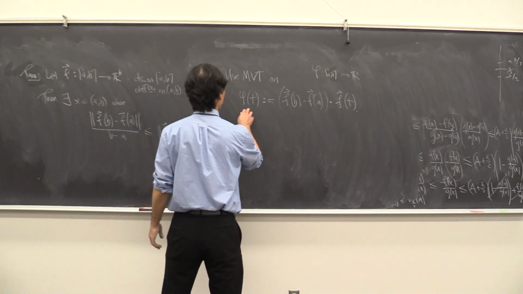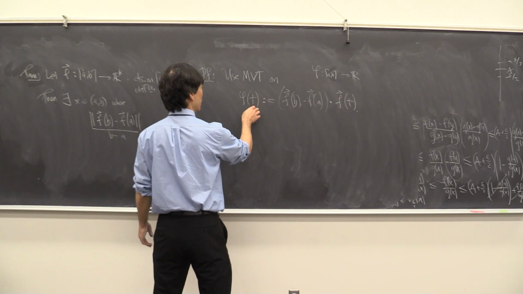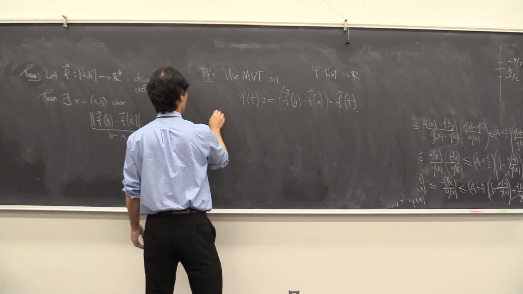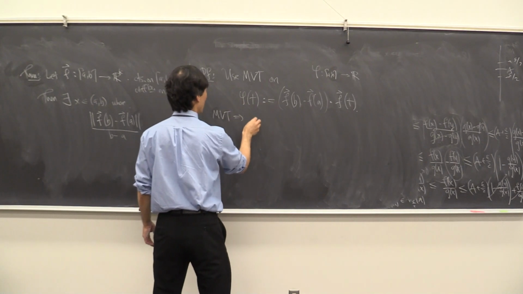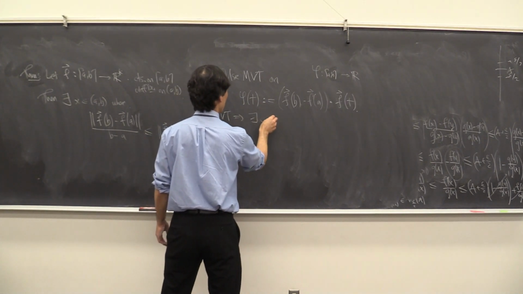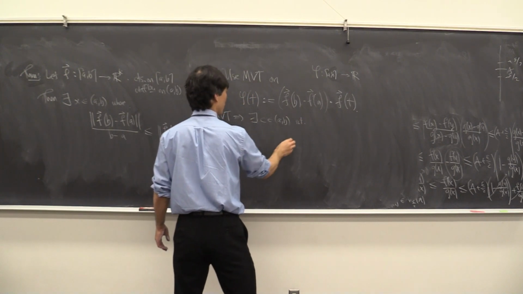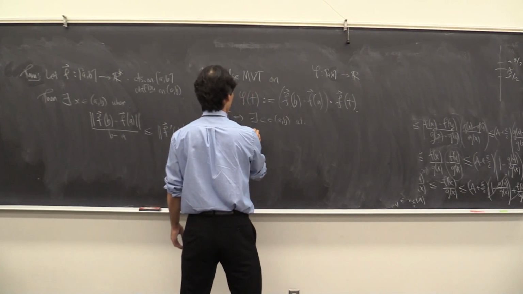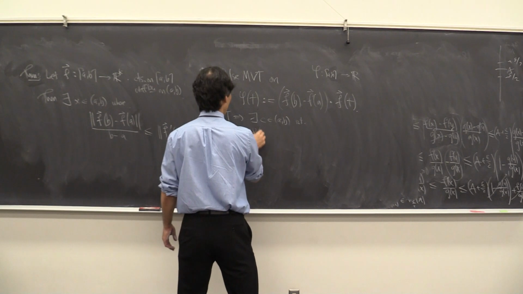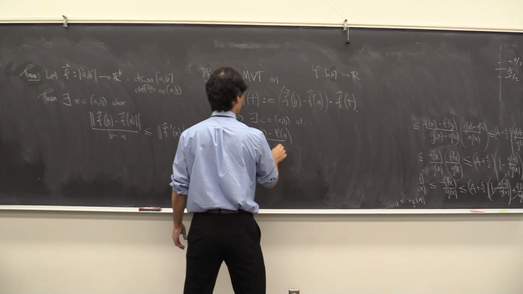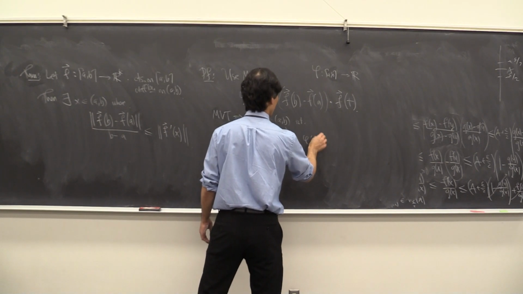Okay. So we apply it and we say, by mean value theorem, we know that there exists some point c in (a,b) such that phi of b minus phi of a over b minus a equals phi prime at c.